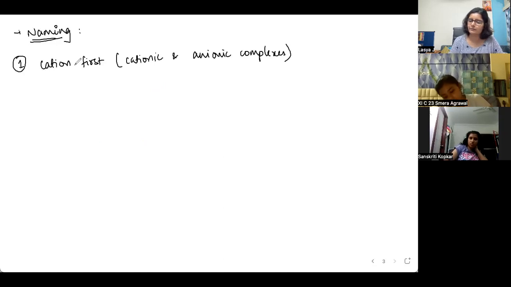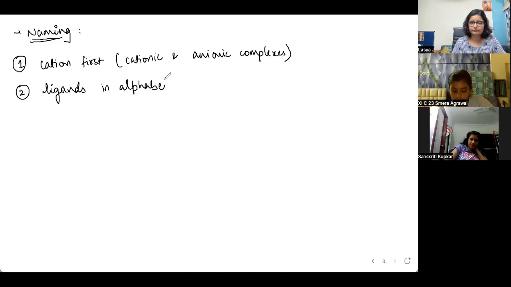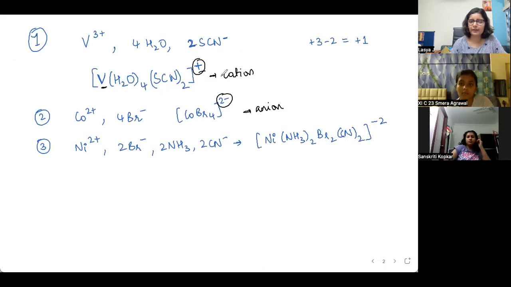The cation will always come first. Then you start naming the ligands in alphabetical order. Sorry, whenever you have an overall complex, the cation will come first, anion will come next.